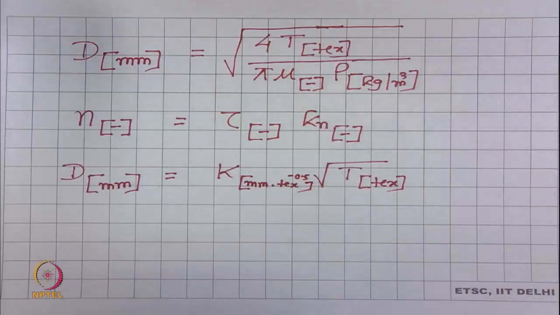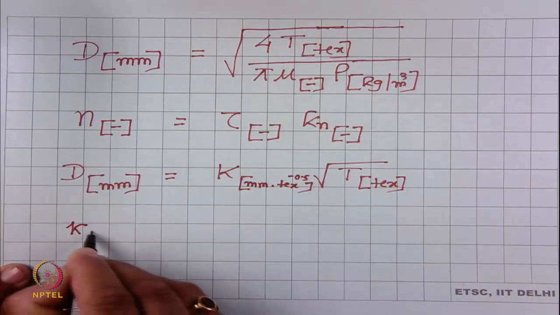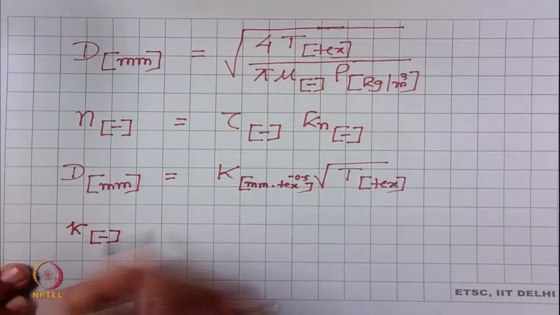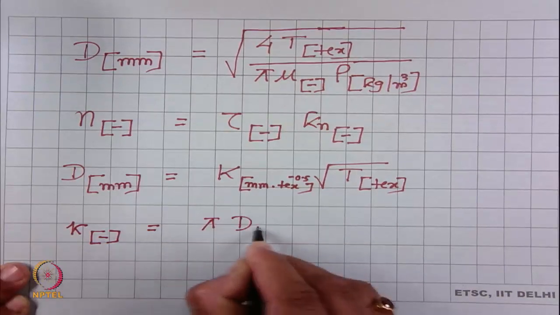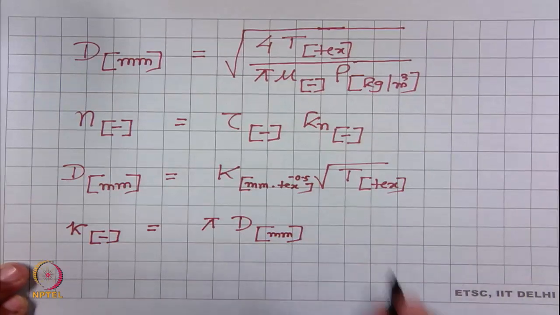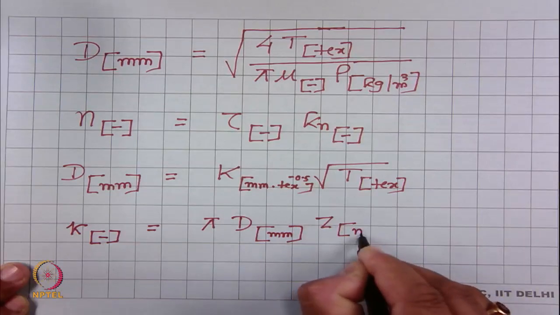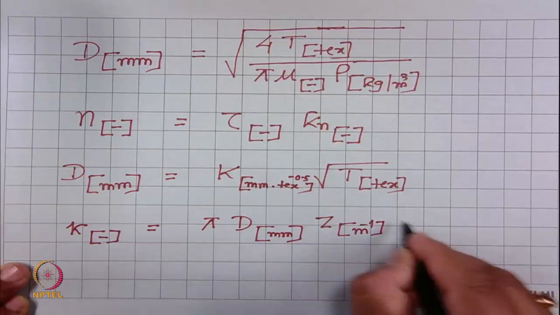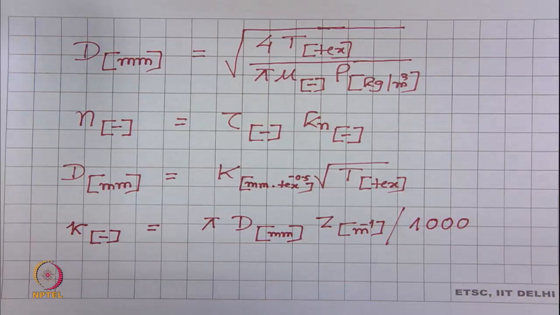So, twist intensity of yarn kappa, dimensionless, is pi times diameter into Z. Z let us write in terms of meter inverse. So, you have to divide by 1000. Okay.